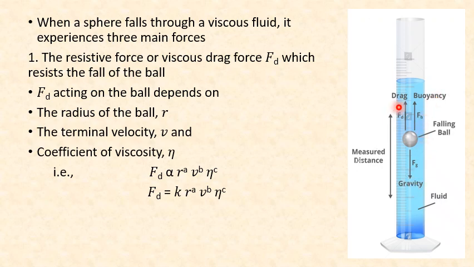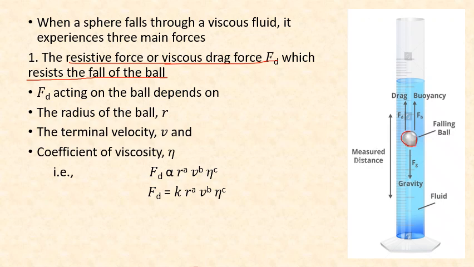First, we will discuss the drag force, or the viscous drag force, denoted by Fd. This force is the resistive force. This resists the fall of the ball. That is, once the steel ball enters the liquid, which has some viscosity, this viscosity opposes the fall of the steel ball, because the steel ball needs to displace the amount of liquid that it occupies.